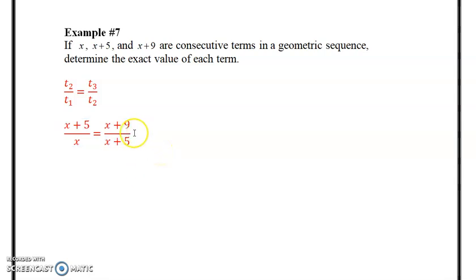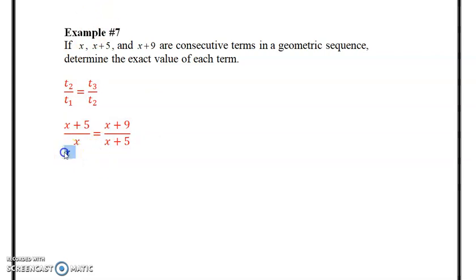Now all we do is solve for x. We want to get rid of the fractions here, the rational equation, so we want to multiply. Sometimes you hear it called cross multiplication.